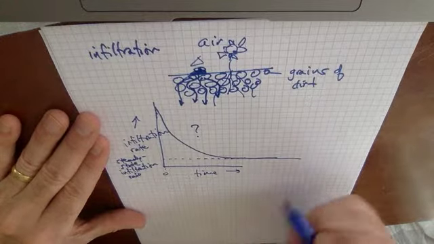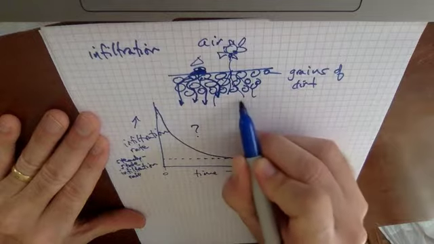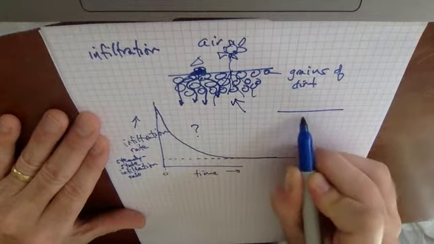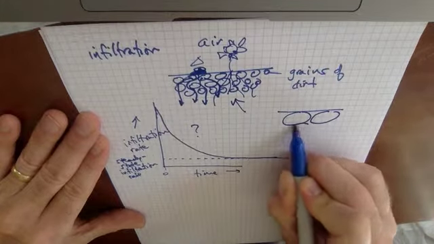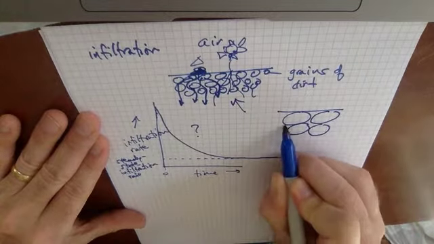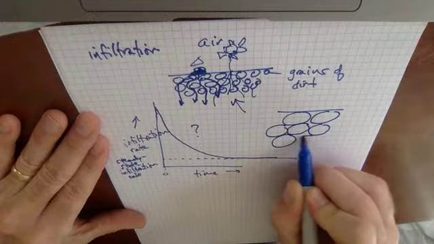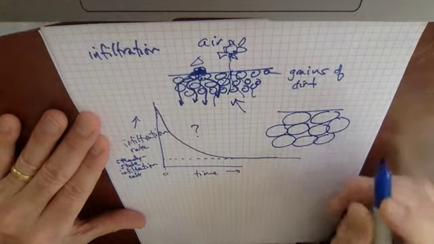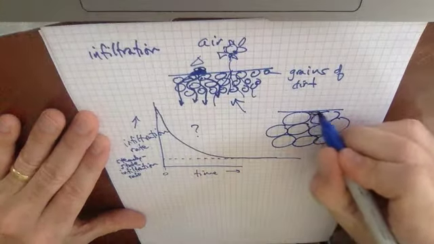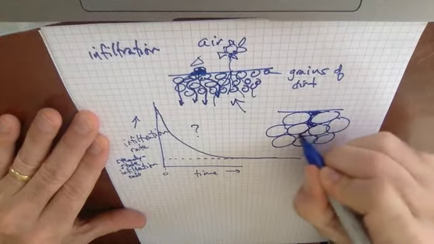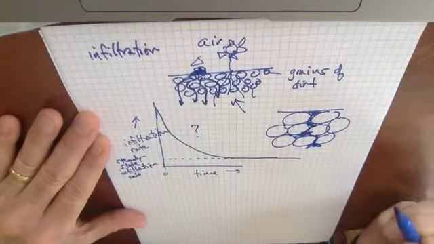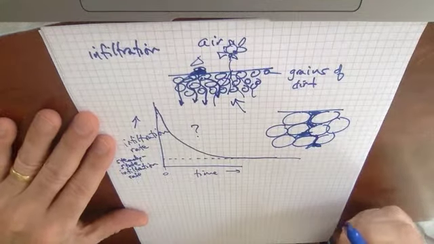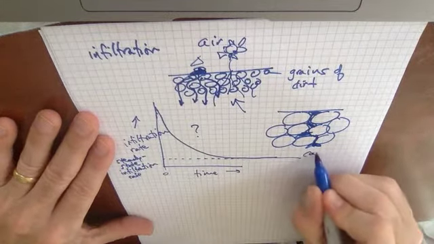And the answer is that each one of these, I'm going to sort of zoom in here on the surface of the earth and sort of draw it kind of like that. Each one of these little empty spaces in here, they're all connected, you can kind of draw it like that. You can think of it like a straw, or better yet, a capillary.